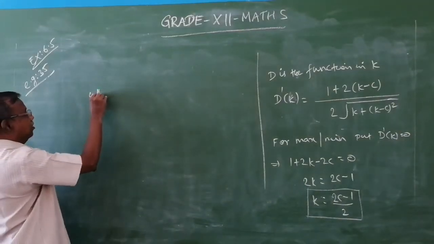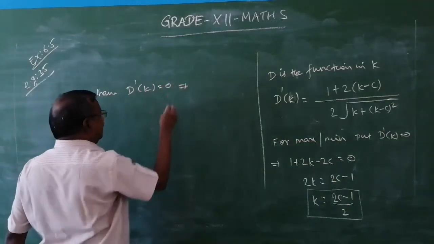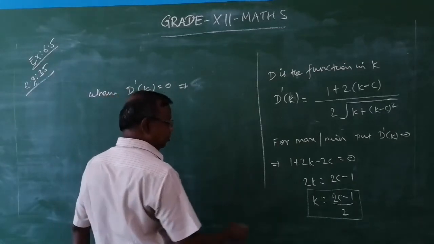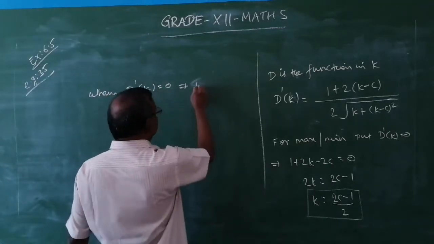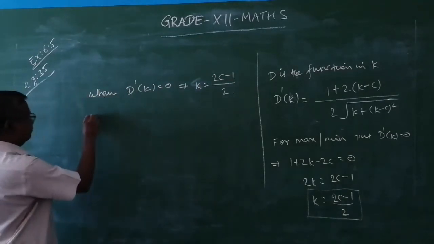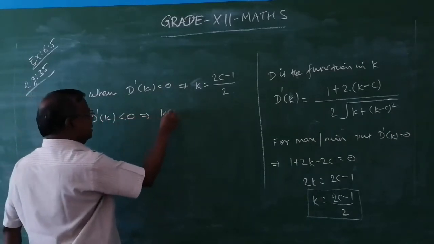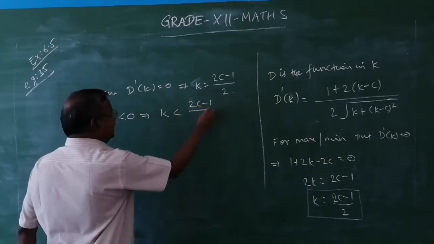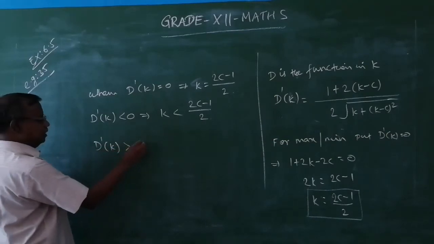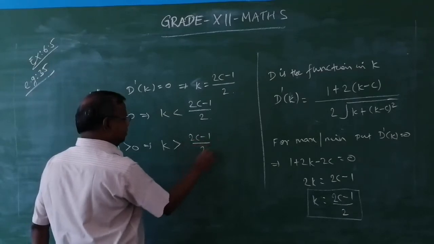When d dash of k is less than 0, we have k is less than (2c minus 1) by 2, and if d dash of k is greater than 0, k is greater than (2c minus 1) by 2.